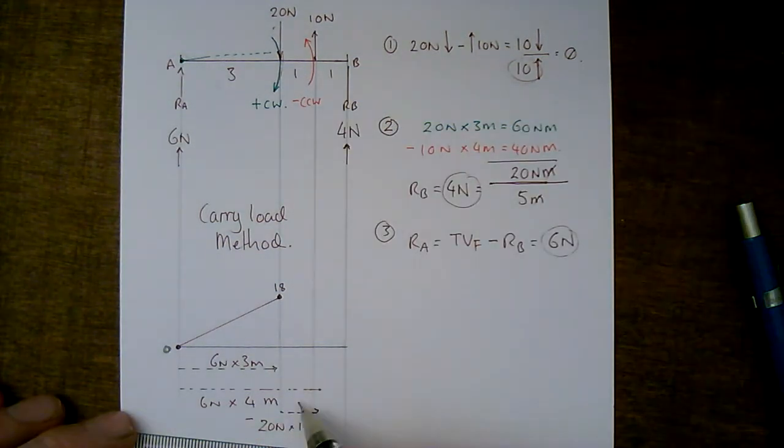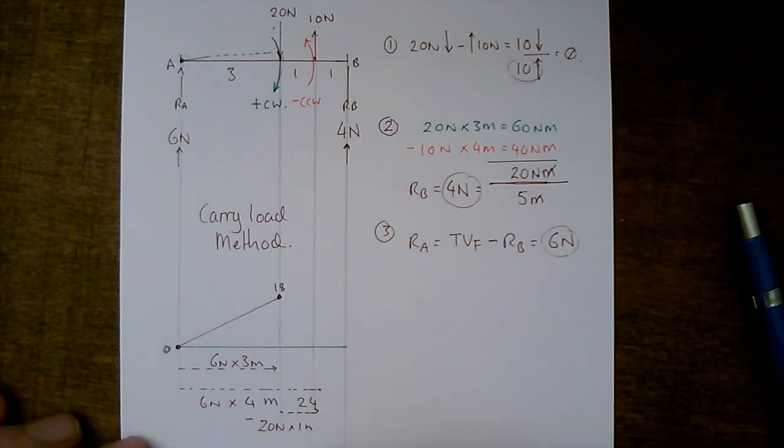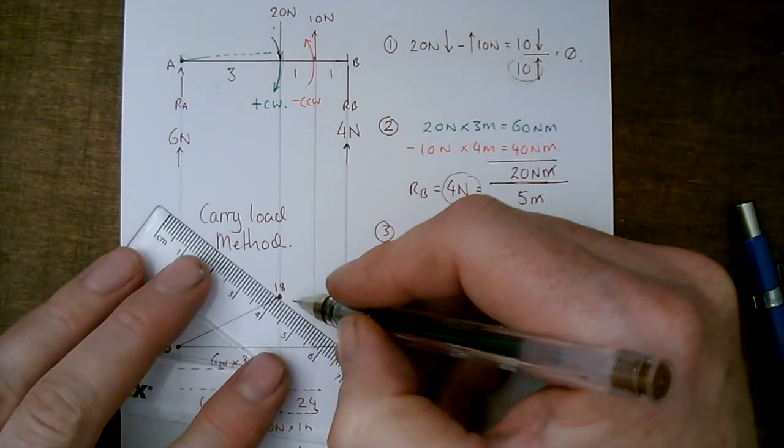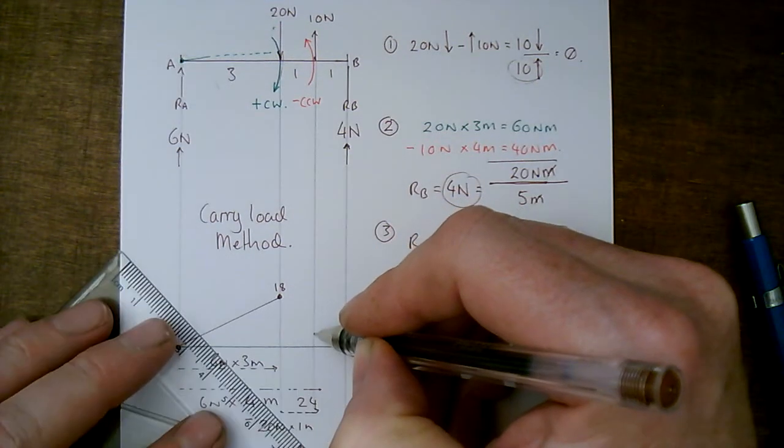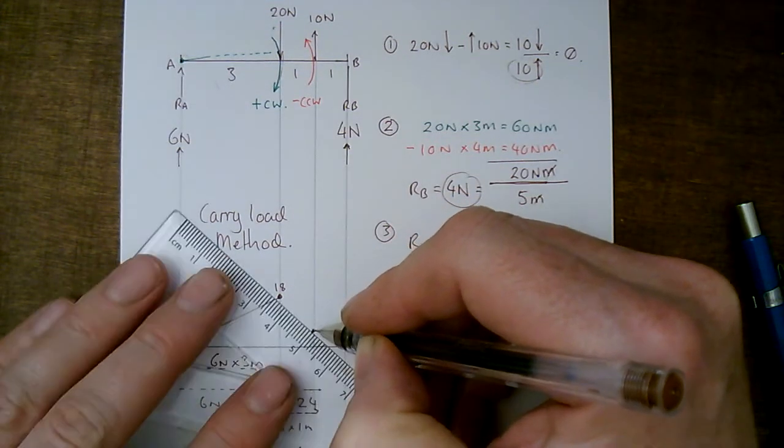So 6 fours are 24. 20 newtons times 1, so 24 take away 20 is going to leave 4. So now on my graph I'm at 4. So we'll be about there somewhere.